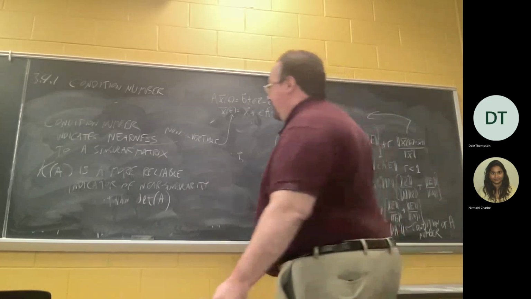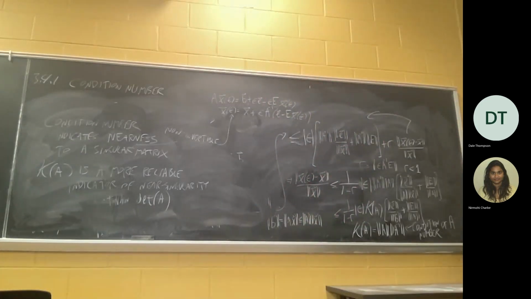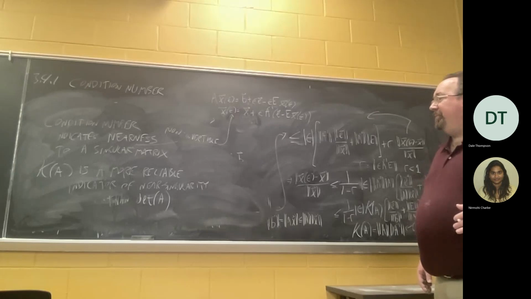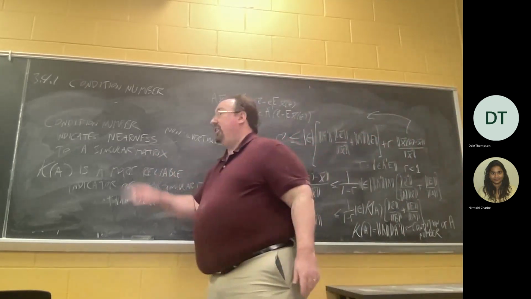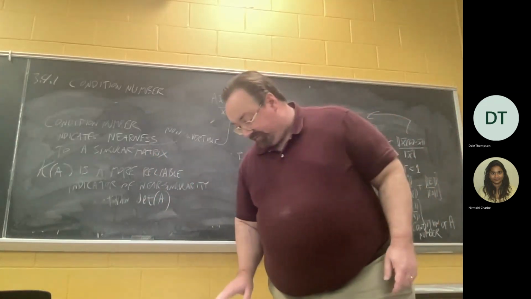And you can also have cases, especially by scaling, where a matrix has a very small determinant, so you think, oh, this matrix is almost singular. But it turns out it's actually well conditioned. So really, in terms of a measure that makes sense geometrically, it's the condition number that indicates near singularity, not the determinant. Okay.